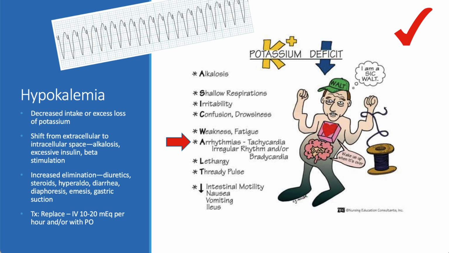So I want you to know that arrhythmias like ventricular tachycardia are typically seen with low potassium levels. Extra PVCs you see with low potassium levels. This can happen because people are taking in less potassium or they're losing too much potassium through things like nausea, vomiting, decreased intestinal motility or ileus, things like that.